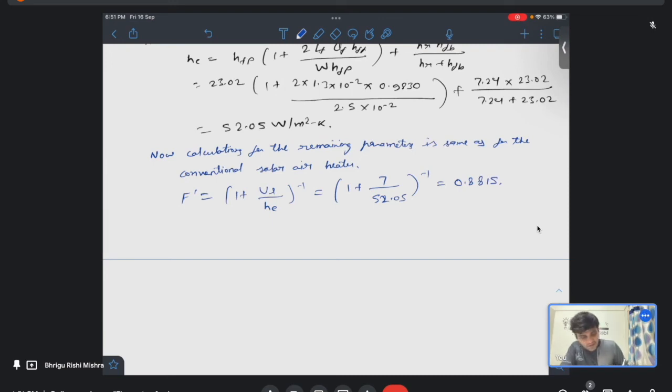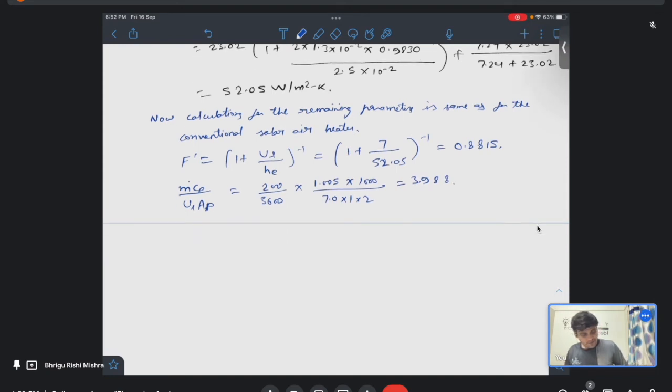Now this m dot Cp by ULAP, the coefficient for the heat removal factor. So again 200 by 3600 into 1.005 into 1000 divided by 7 into 1 into 2, it turns out 3.988.